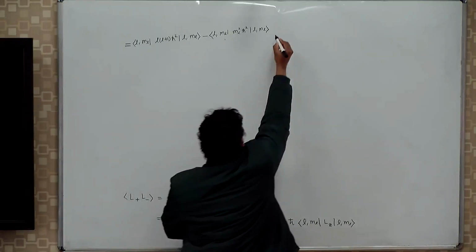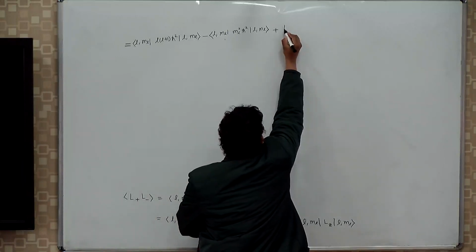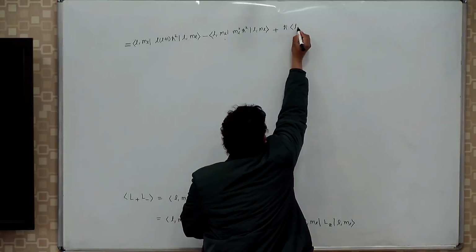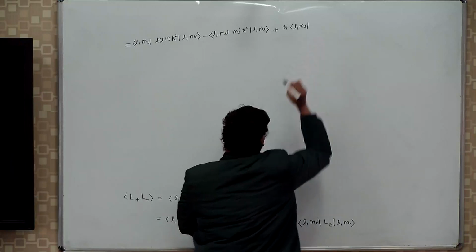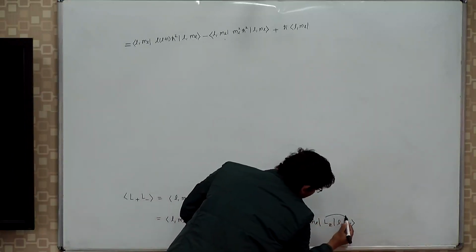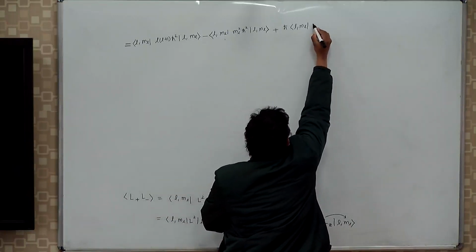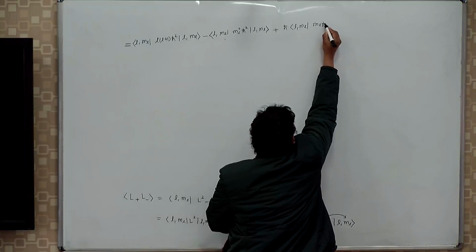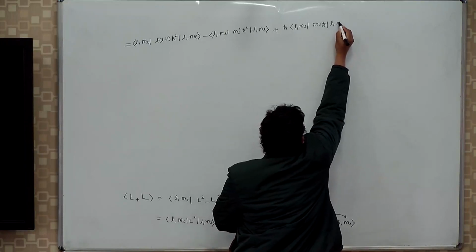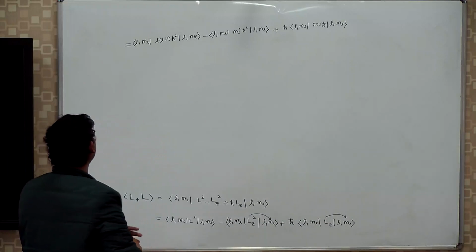Again plus, already one H cross squared is outside. Lz acts on ML to give the eigenvalue ML H cross, and the state will be retained.